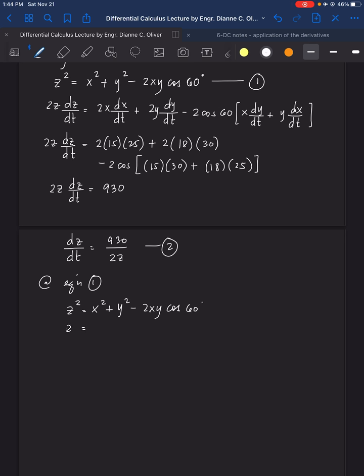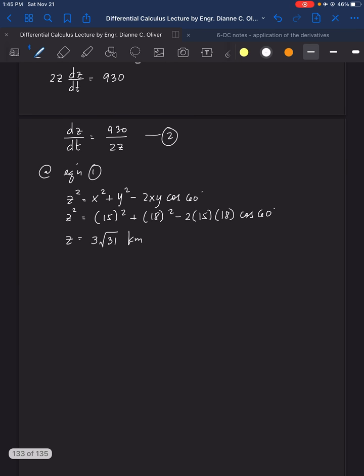So z squared is equal to 15 squared plus 18 squared minus 2 times 15 times 18 cosine of 60. Therefore, z is equal to 3 square root of 31 kilometers.